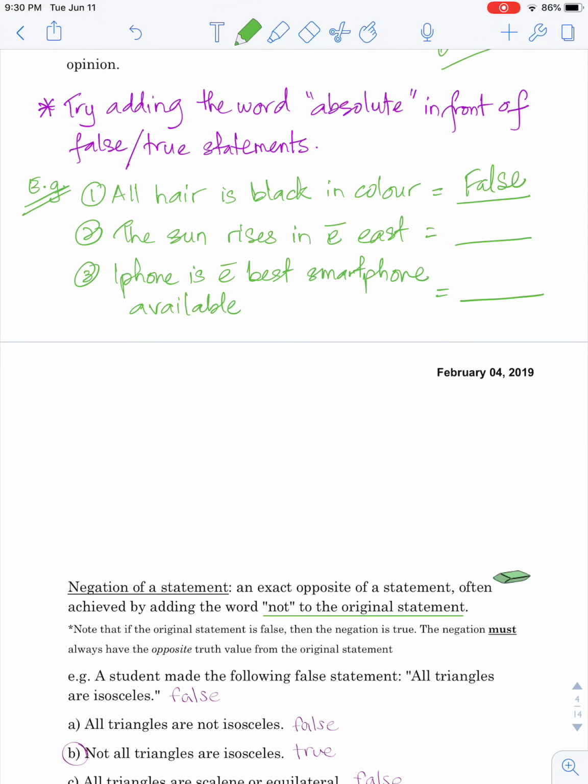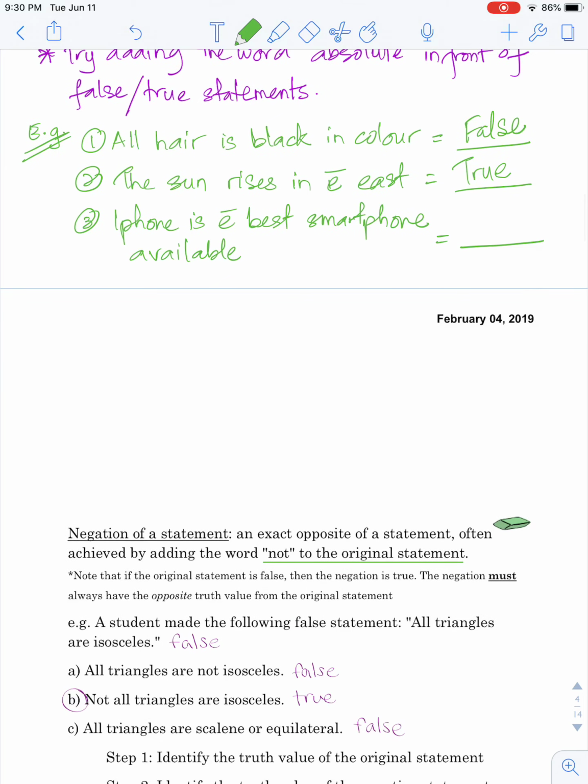The sun rises in the east. Absolute truth. Why? Because there's never a time that the sun rises in the west. iPhone is the best smartphone available. That's an opinion because some might agree, some might not.